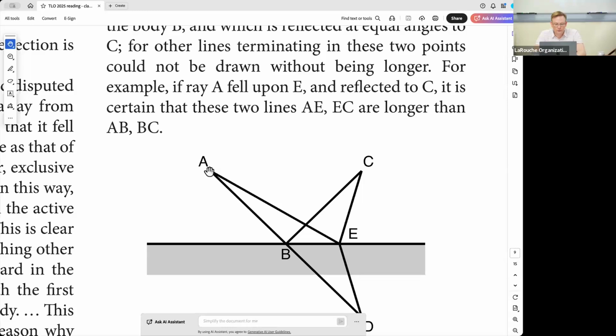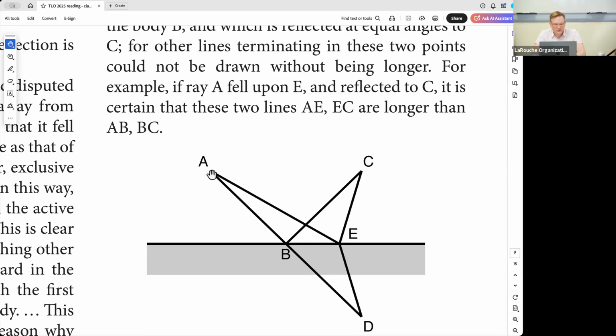Let's just take a second to repeat that last claim. So he's saying light coming from A, here's the flashlight, here's where the light ends up going when it bounces off the mirror at B. He says, well, let's say that light bounced differently, and you could point the flashlight at E, and then it would bounce up to C. Why is that impossible?